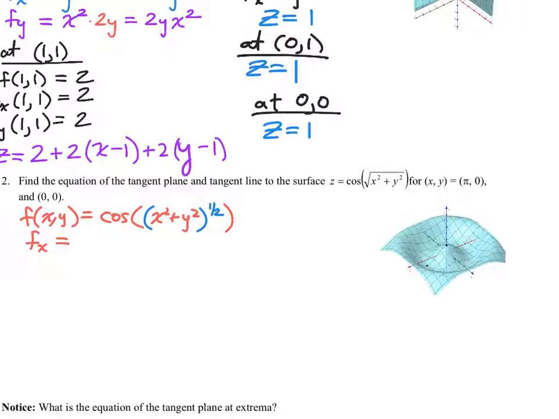So first order partial with respect to x, keep the inner function as is. Derivative of cosine is negative sine of all that stuff on the inside. But then I need the derivative of all that stuff on the inside, which is going to be 1/2 x squared plus y squared to the negative 1/2 times the derivative of the innermost part of that function.